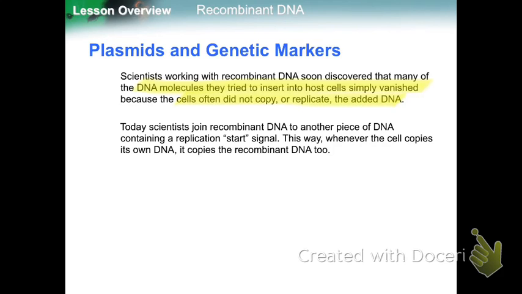It wasn't recognized as needing to be copied. It was foreign DNA. So they started joining recombinant DNA to another piece of DNA containing a replication start signal. This way, whenever the cell copies its own DNA, it copies the recombinant as well.